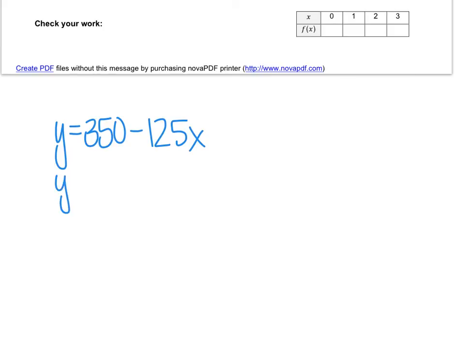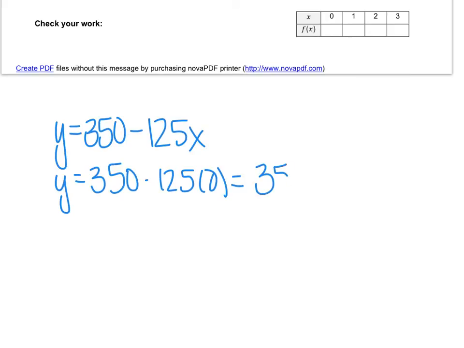So we're going to figure out, first of all, what's 350 minus 125 times 0. So that means if we haven't gone anywhere, how far away are we? Well, that'd be 350 minus 0, which would just be 350 miles. So if we haven't gone anywhere at all, we haven't spent any time in the plane, we're 350 miles from home.